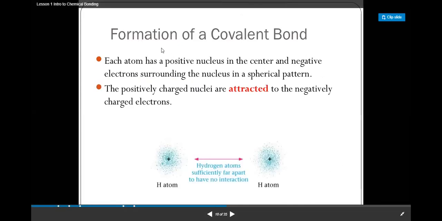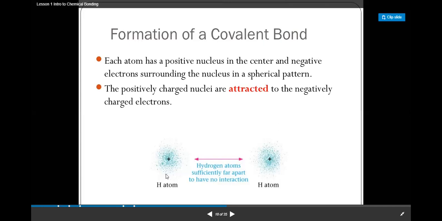And how does the formation of a covalent bond take place? Each atom has a positive nucleus in the center and negative electrons surrounding the nucleus in a spherical pattern. You all know that. The positively charged nuclei are attracted to the negatively charged electrons.